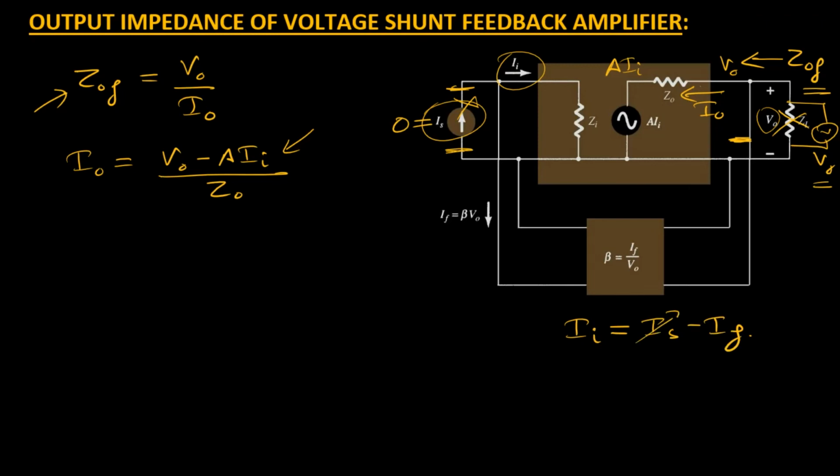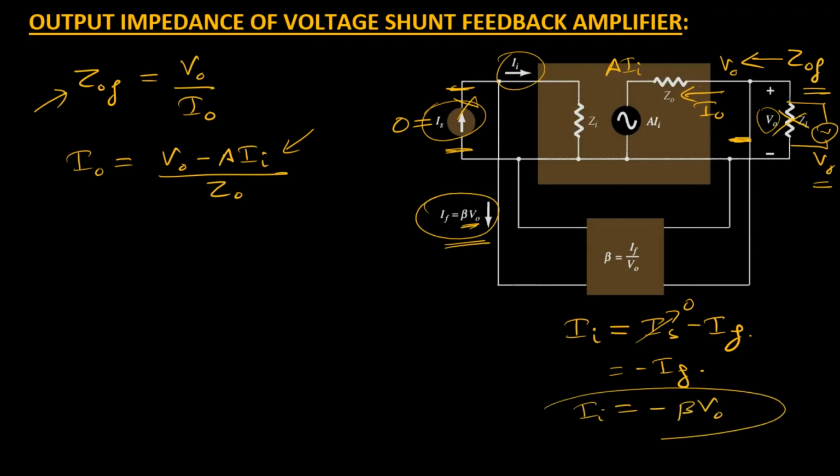Now we know Is is already 0, so this will become equal to minus If, and If is the output of the feedback network, so we know the value, it is beta times Vo. So this will become minus beta times Vo. We can substitute Ii with minus beta times Vo. So let's do it. Vo minus A, in place of Ii I'll write minus beta times Vo, so this minus minus will become plus, multiplied by beta times Vo, divided by Zo.